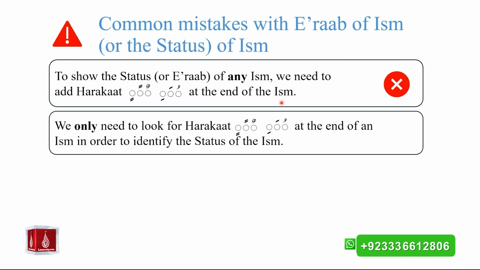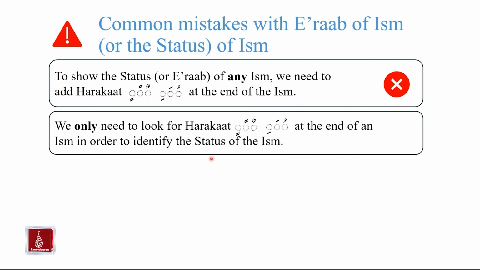Next, we only need to look for harakat at the end of an ism in order to identify the status of that ism. Again, that is incorrect. Looking at harakat on the last alphabet of an ism is not the only way that we can identify the status of that ism.